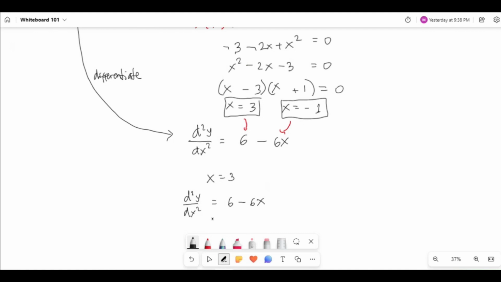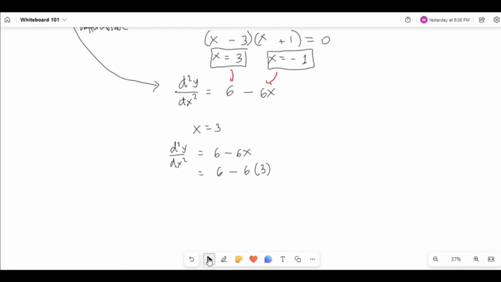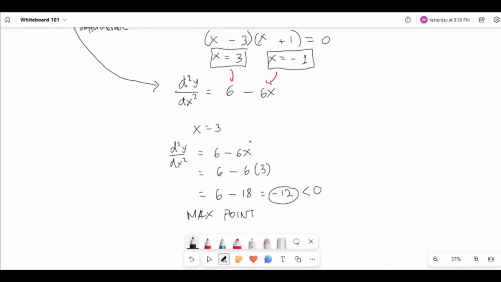If we insert x equals 3, it's 6 minus 6 times 3. So it's 6 minus 18, which is negative 12. Negative 12 is less than 0, so we can say x equals 3 is the maximum point. So this is max.